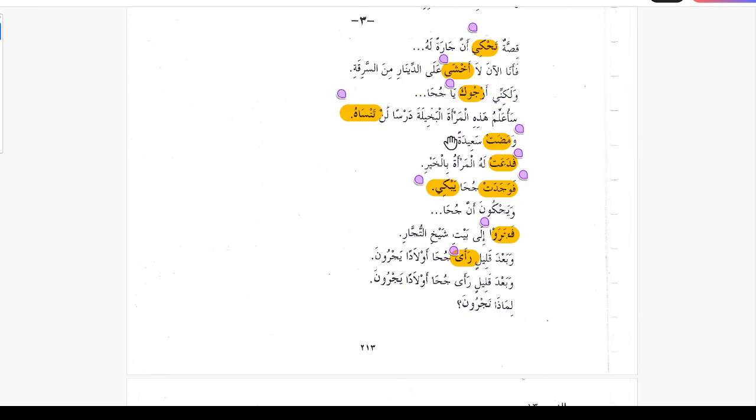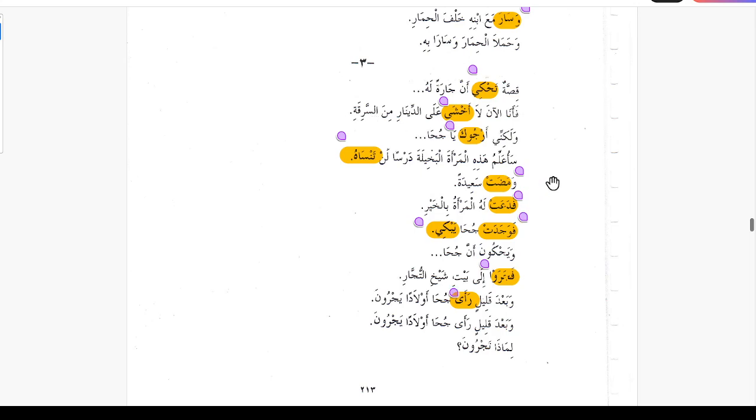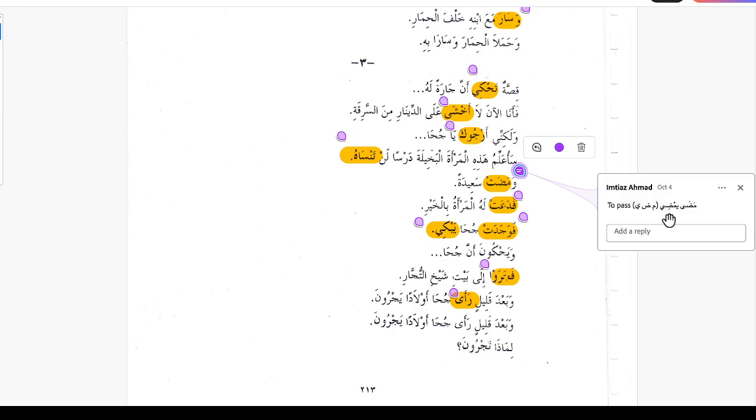Wamazzat saidatan, and she went happily. So maza yamzi, the root letters are mim, dal, and ya. Maza, to pass.